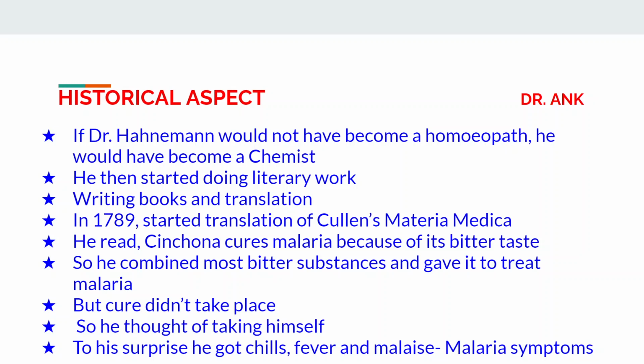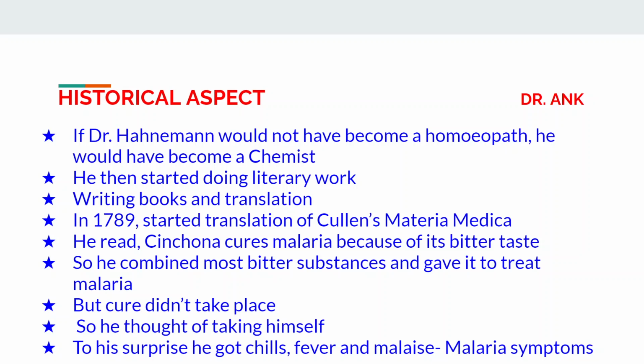He read that Cinchona cures malaria because of its bitter taste. So he combined the most bitter substances and gave them to treat malaria. But cure didn't take place. So he thought of taking it himself. To his surprise, he got chills, fever, and malaise, symptoms of malaria.